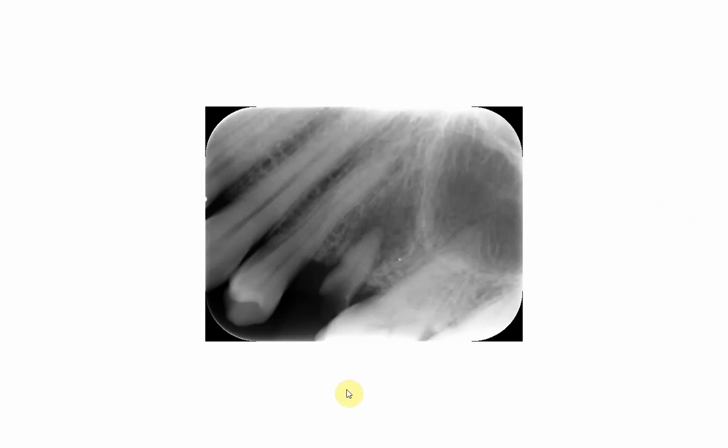But the image is so elongated that the film length does not capture the image, so you end up with the cutoff in the apex of the tooth.